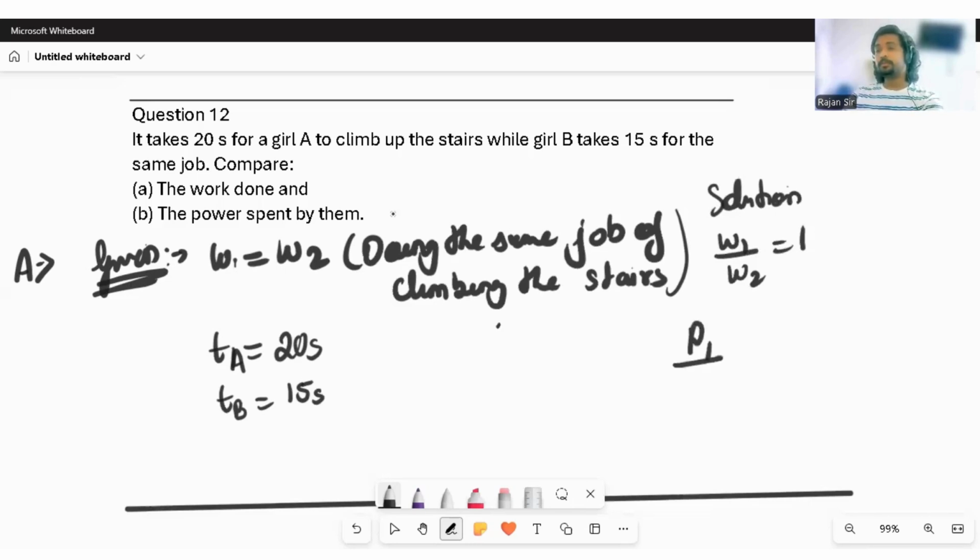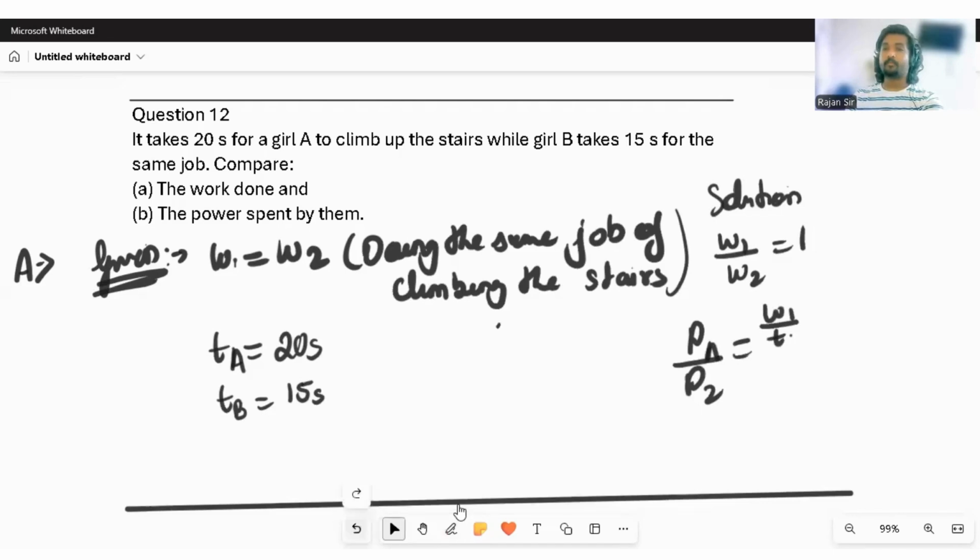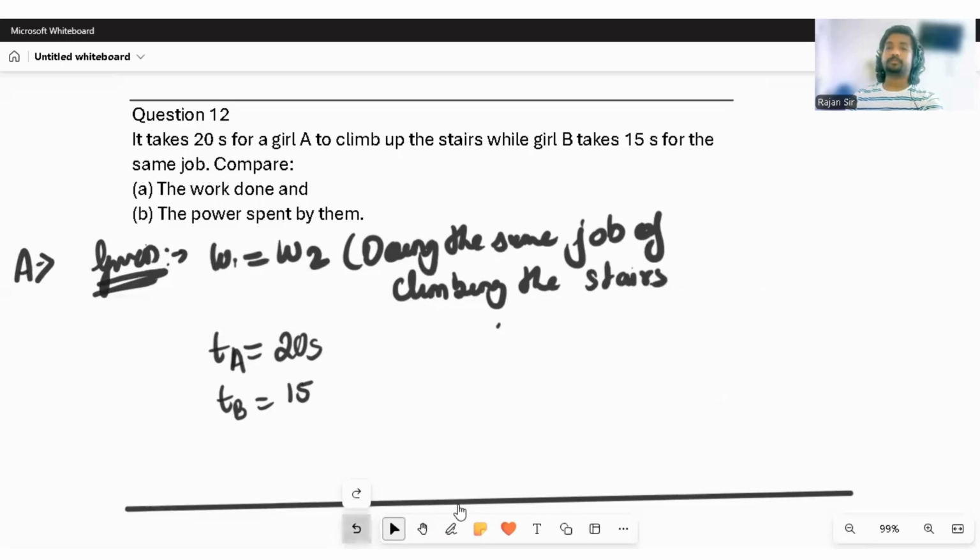Power P1 by P2 would be W1 by T1. So we have T1 is equal to 20 seconds and T2 is equal to 15 seconds.